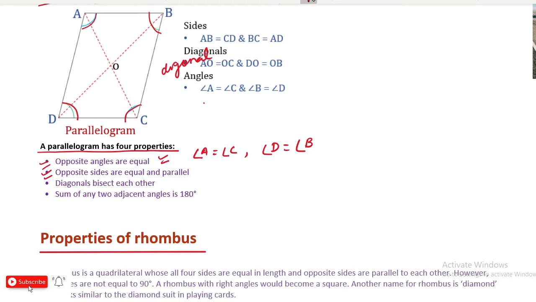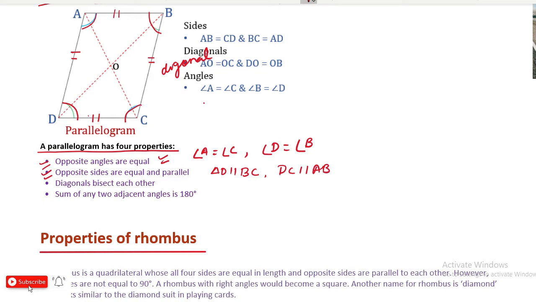Opposite sides means AD is opposite of BC. Same as AB is opposite to DC, and according to the property AD is parallel to BC and DC is parallel to AB.